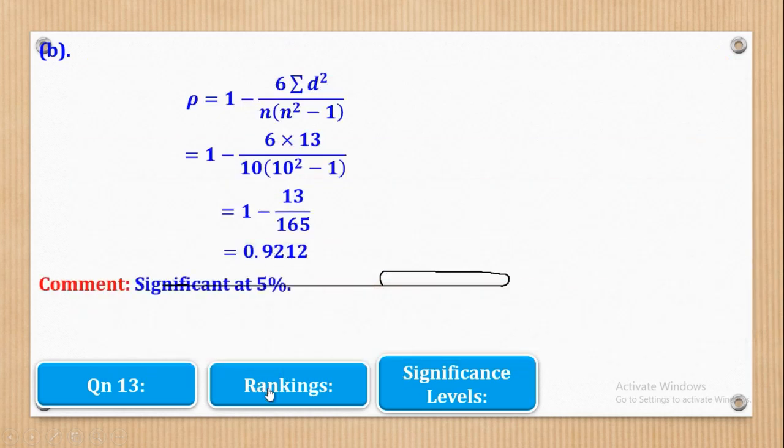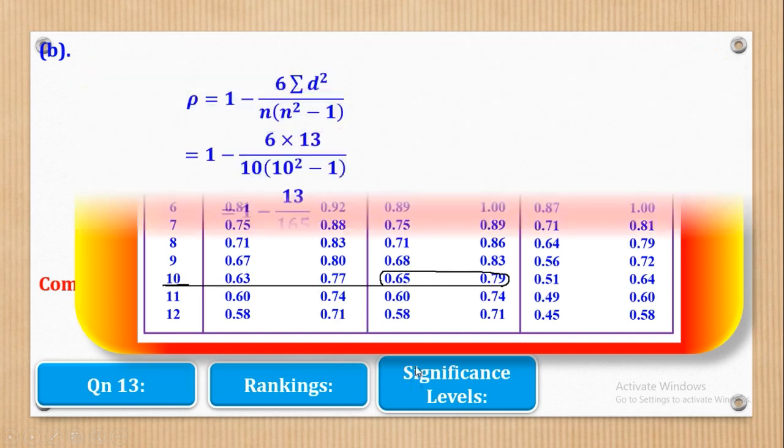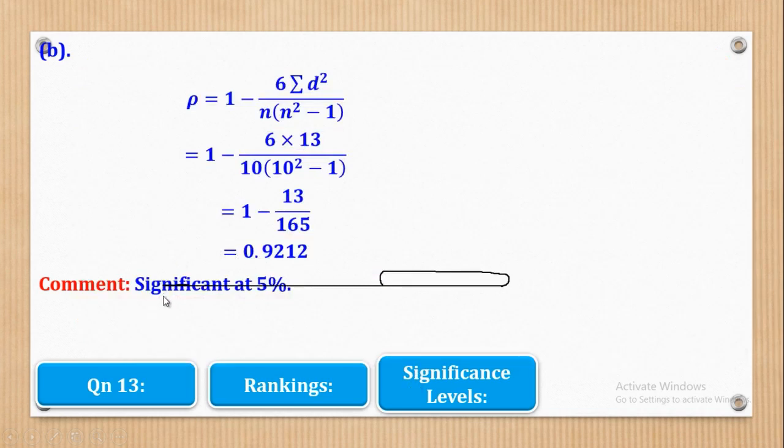So if I want to comment at 5%, I'll look for this value. We realize that the calculated value exceeds this table value. And remember, they told us that it is significant if the calculated value exceeds the table value. So because the calculated value exceeds, we shall comment that it is significant at 5%.